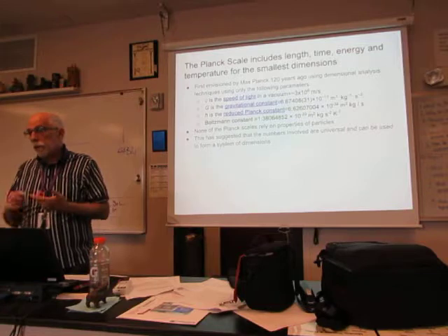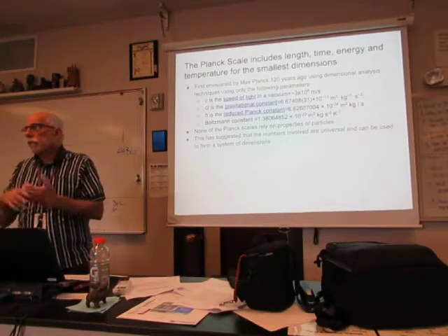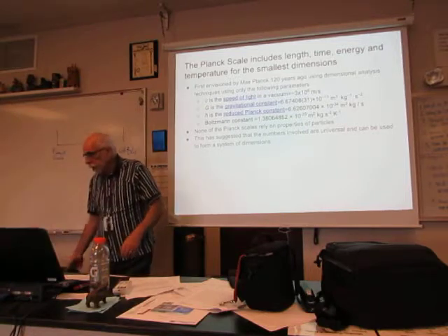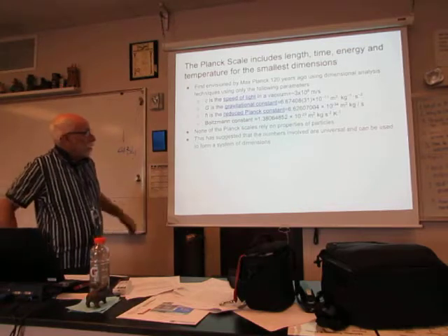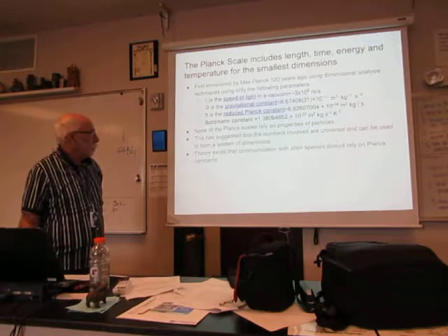What I mean by units: length, mass, time. We use kilograms, meters, and seconds. But by juggling these things, as I'm about to show you, you can come up with what he called universal units, and you can form a system of dimensions with this.